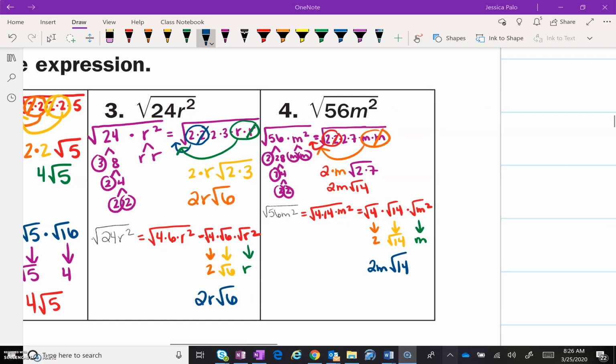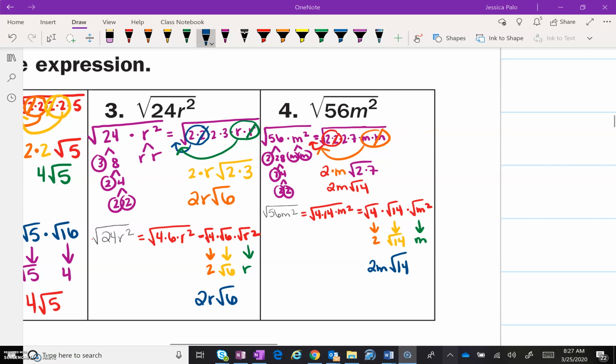The first method, using prime factorization, radical 24 times r squared. You would prime factor that into 2 times 2 times 2 times 3 times r times r. Pull out one of the 2's, pull out one of the r's. You are left with 2 times r times radical 2 times 3, which gives you a final answer of 2r radical 6.